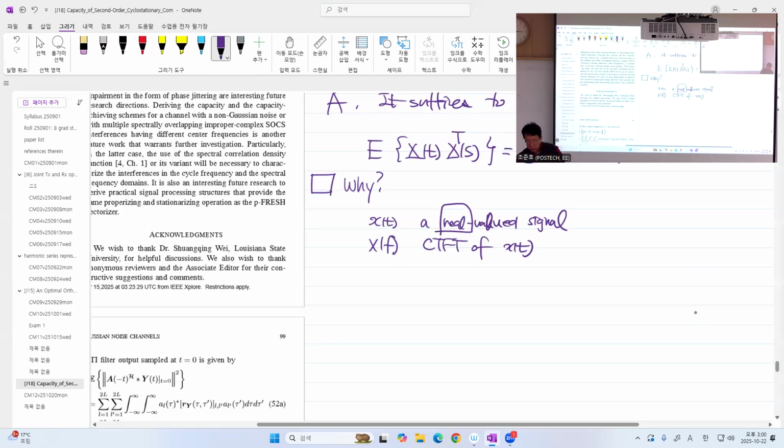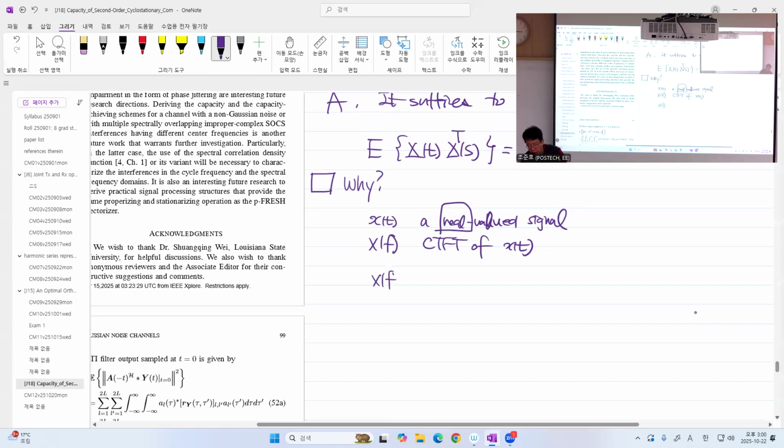So let's consider the Fourier transform. Precisely speaking, we are talking about the Fourier transform of finite energy signals, otherwise we may not have the inverse Fourier transform's existence guaranteed.